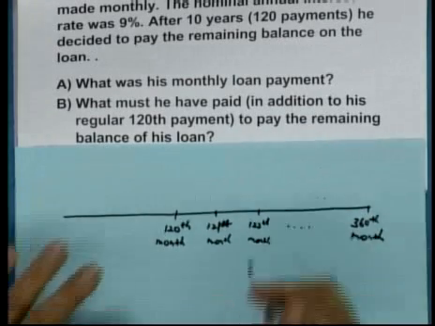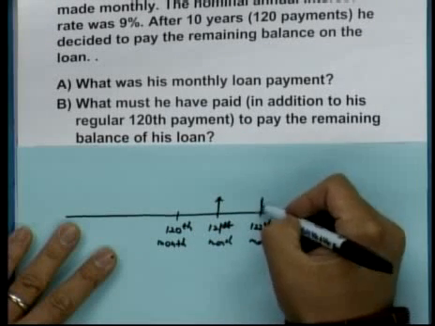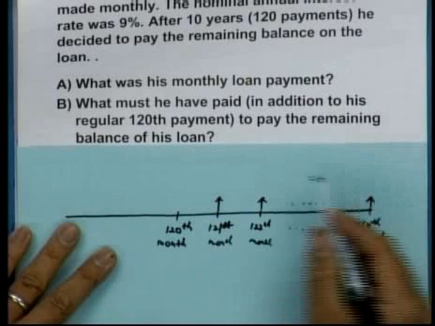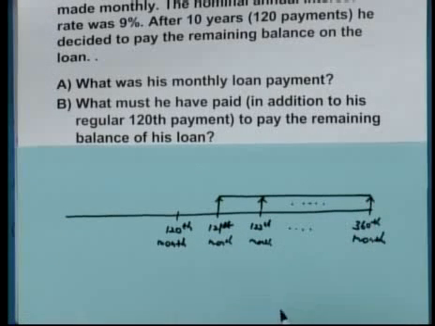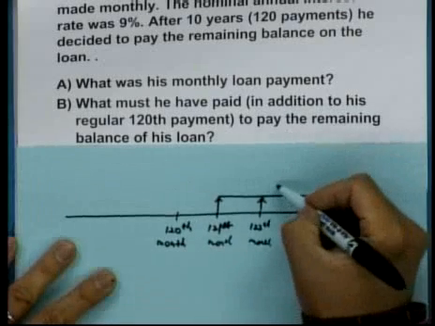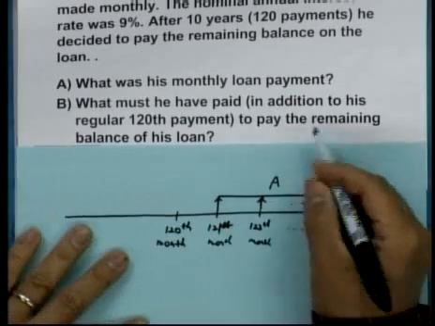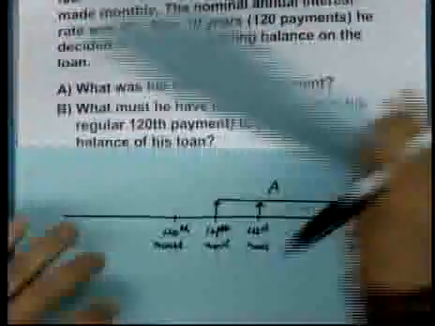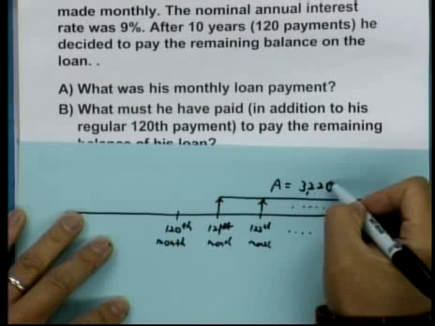Okay? So here we have the monthly loan payment of, how much is that? From question A, it is $3,220, right?